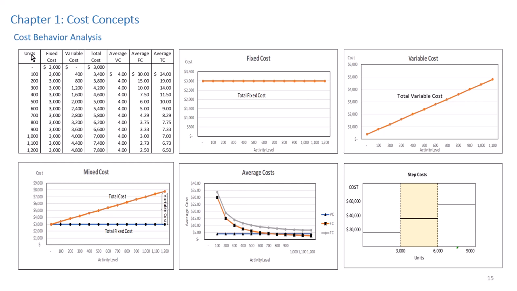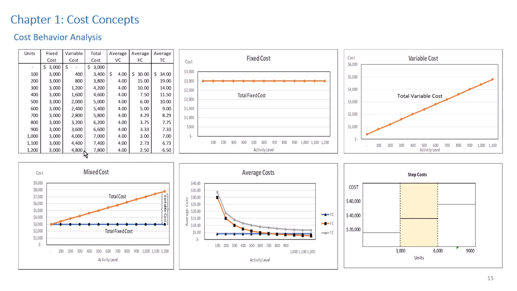The schedule on your screen shows how fixed cost is $3,000 regardless of activity levels. It will remain at $3,000 as long as we're operating within our relevant range. When it comes to variable cost, the variable cost per unit remains at $4, while the total variable cost increases as the number of total units increases.